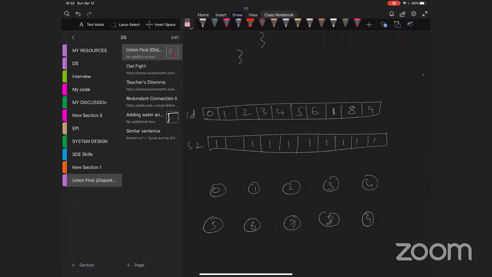This size becomes 2. Okay, and we connected 7 as a child of 1. So I'm just going to rewrite here 6 and 7.